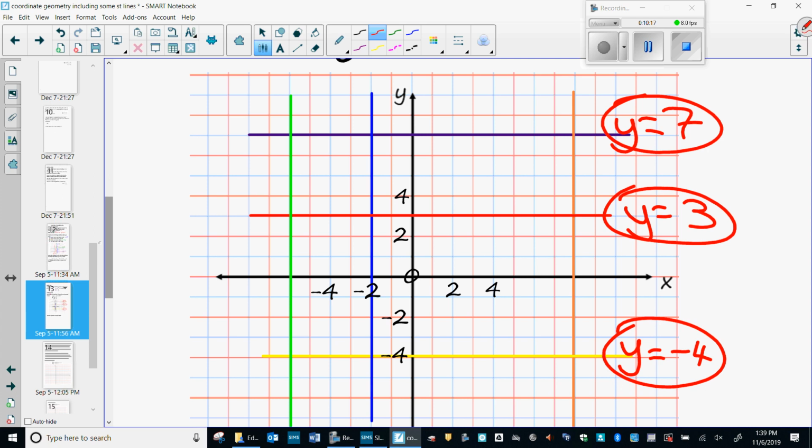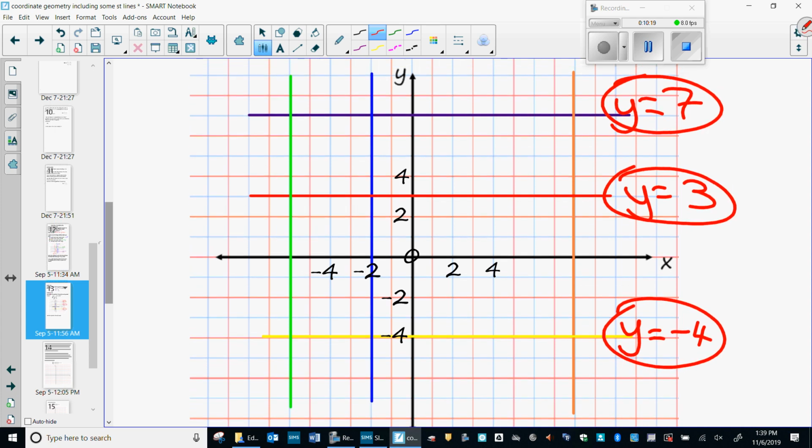I'm now going to move to my vertical ones. So this green one here, what do all the vertical ones start with? X equals. So x equals what, Hayley? X equals -6. Lovely. This blue one would be what, Elsa?